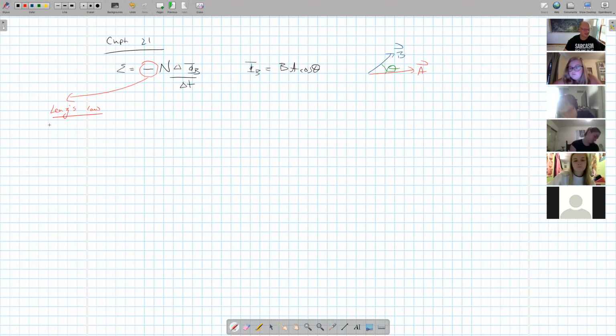So Lenz's law says that the direction of the induced magnetic field is opposite to the direction of change of the external field.